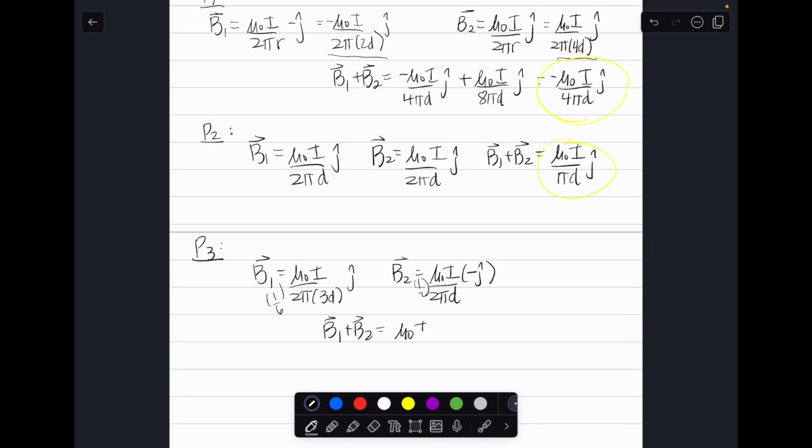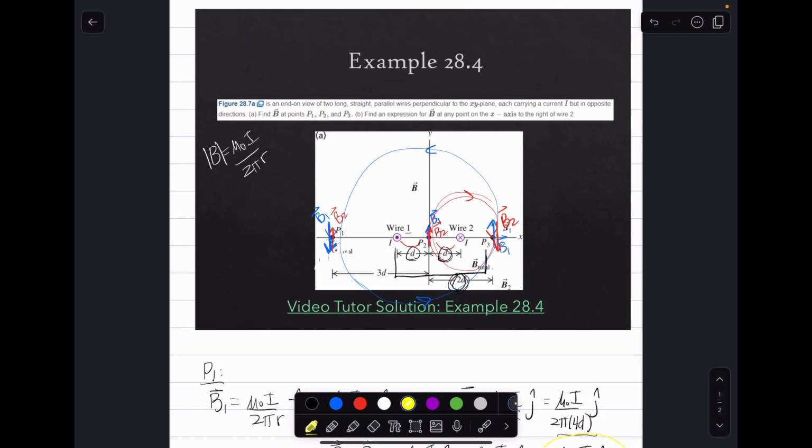So mu naught I over 3 pi D, and the negative is bigger, so I'll have a negative j hat. And that is going to be the total magnetic field at P3. So let's see if that makes sense. We have an overall negative value at P3, and that is because the location of P3 is closest to wire 2.